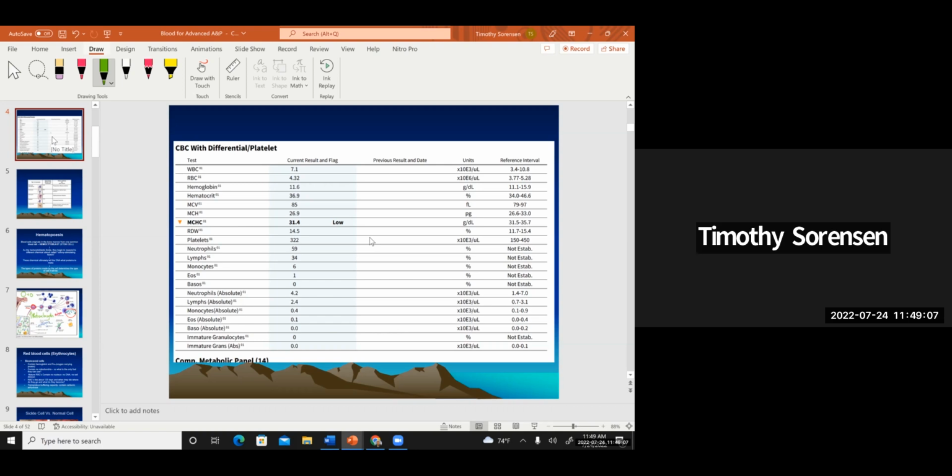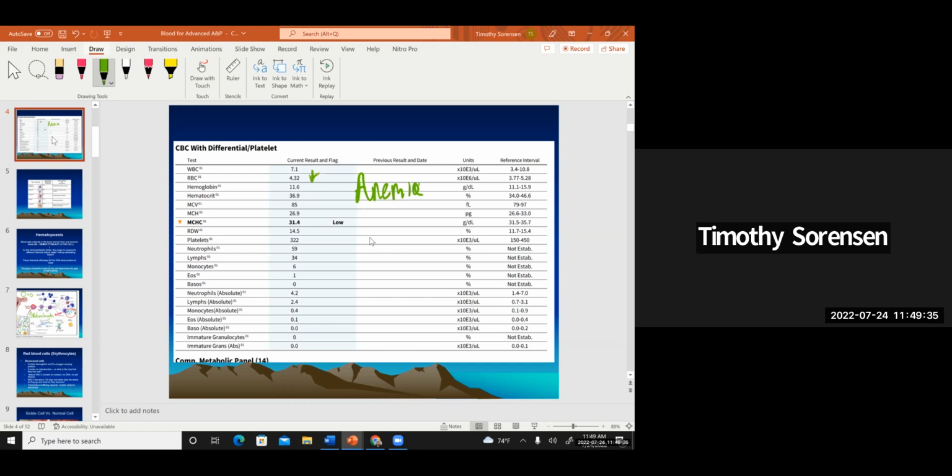So the other thing that you would look at too is the amount of hemoglobin that's present in each red blood cell. And then you're going to look at the hematocrit, which is the ratio of red blood cells to plasma. So in anemia of any cause, you're going to see a lower than normal red blood cell count.